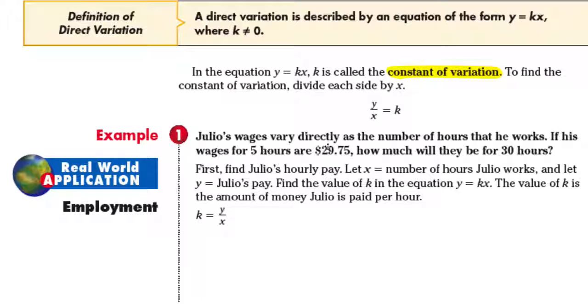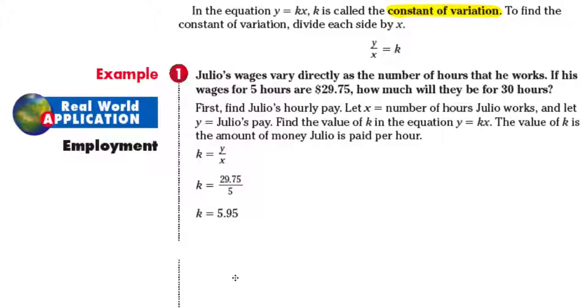Julio's wages vary directly as the number of hours he works. If his wages for 5 hours are $29.75, that means our y is $29.75, and we have 5 hours for x, the number of hours that he works. Then k would be $5.95. 29.75 divided by 5 is 5.95.